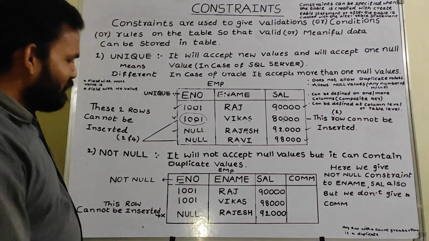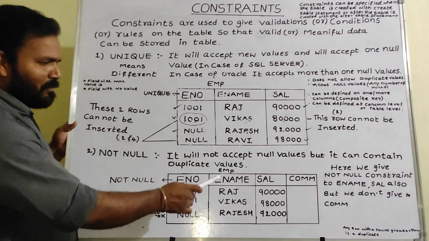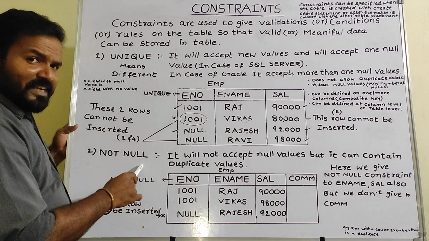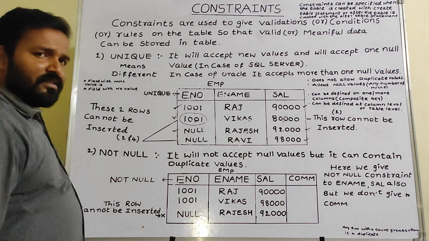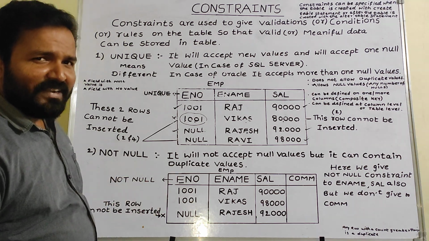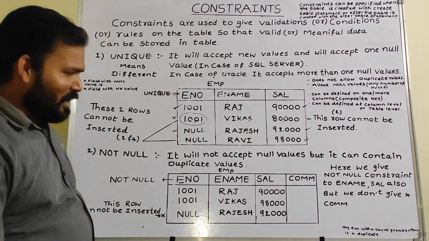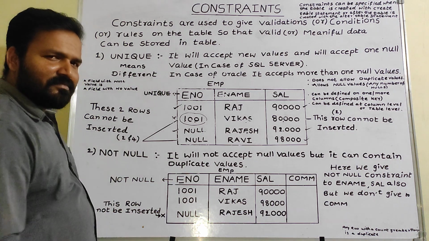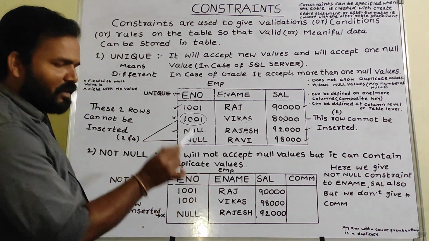See an example. Same employee table. Here I gave the not null constraint to the employee number column. Constraints can be created on a table column.